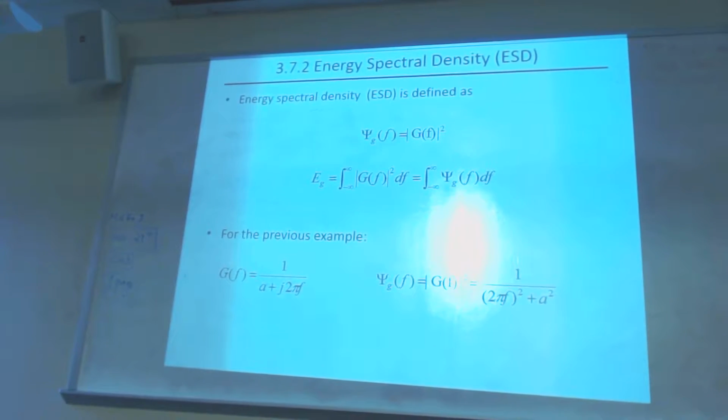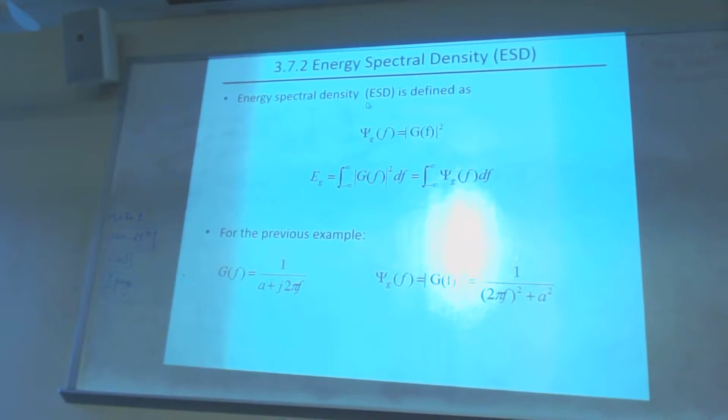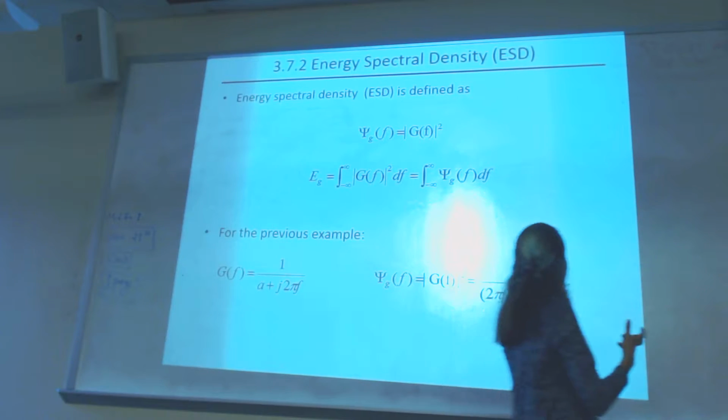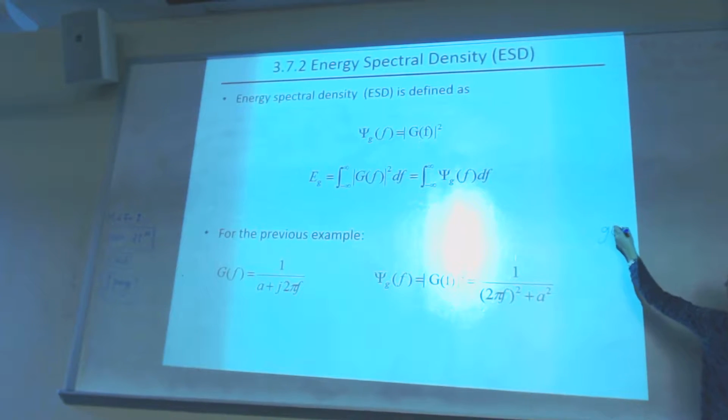And today we are going to talk again about energy, but something related to energy, which is called the energy spectral density. So what's an energy spectral density? By definition, for a signal g(t), you take the Fourier transform, you get G(f).